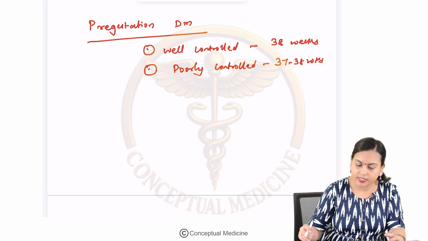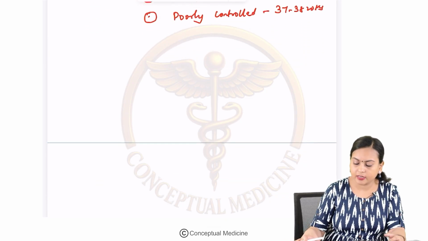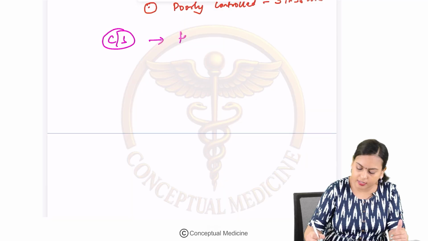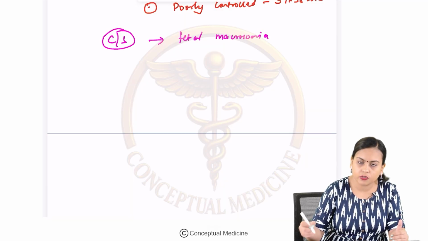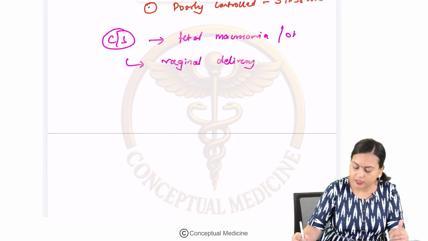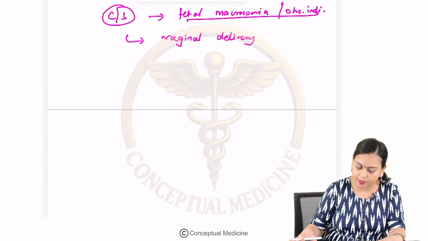Usually cesarean section is not indicated in any of these other than fetal macrosomia. Cesarean section is indicated only in cases of fetal macrosomia for the fear of shoulder dystocia and traumatic delivery. Otherwise, usually we prefer vaginal delivery, or any other obstetric indications, but as such vaginal delivery can be preferred.